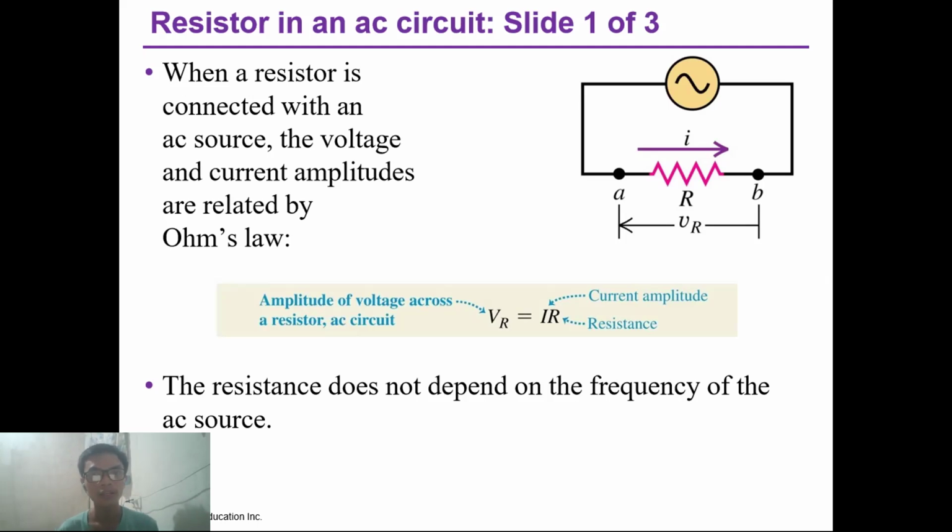Ohm's law is V equals IR, in which V represents the voltage across a resistor for an alternating current circuit, equal to the product of the current amplitude, the uppercase I, and the resistance, represented by an uppercase R. The resistance does not depend on the frequency of the alternating current source. So resistance is independent of frequency, in other words.